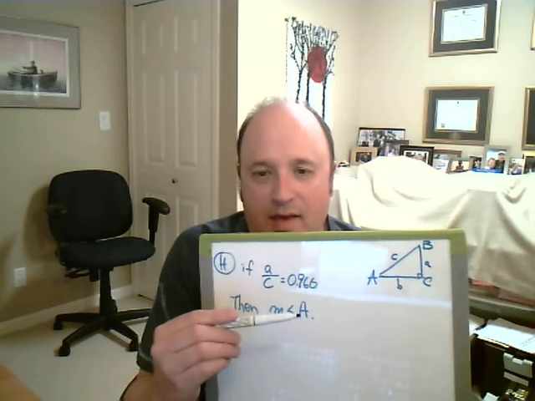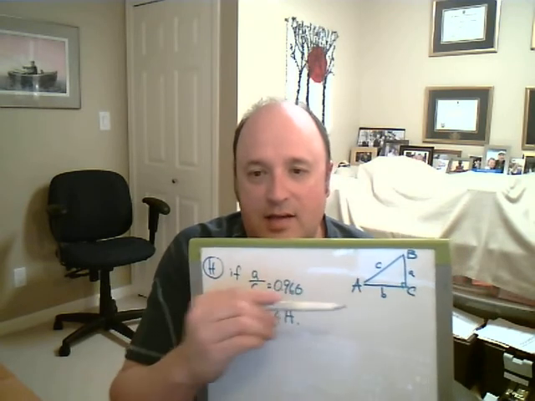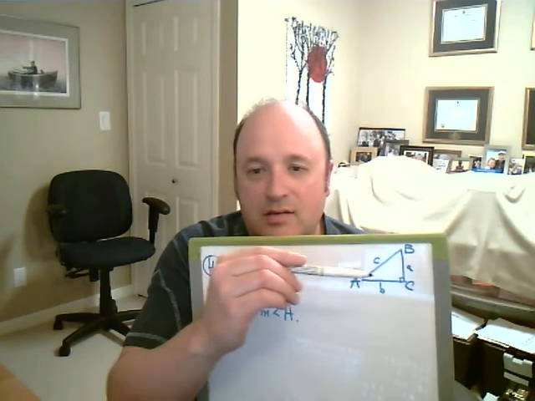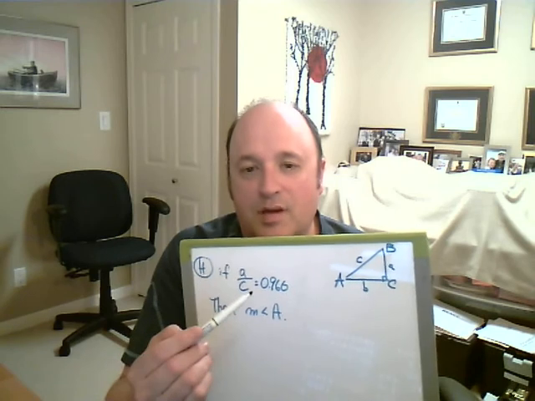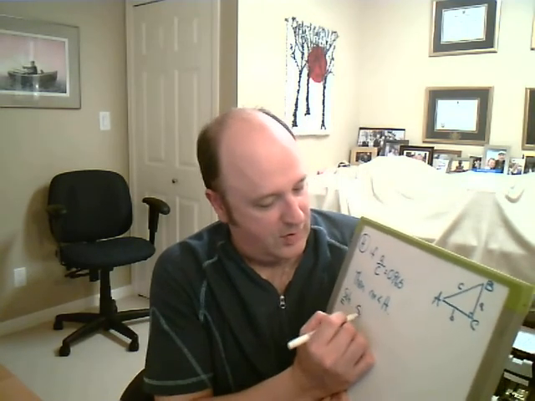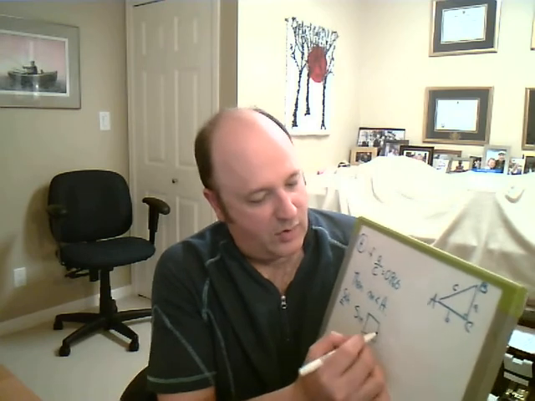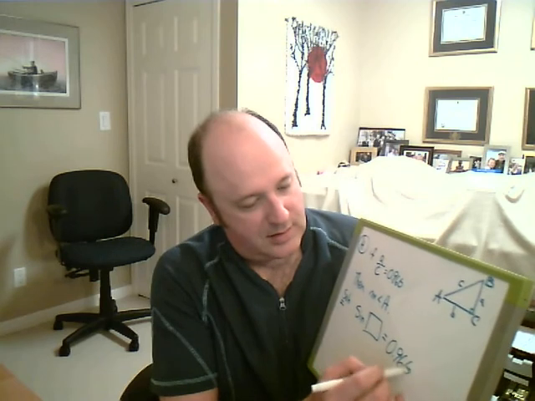From angle A, this means sine, because A is the opposite, C is the hypotenuse, so opposite over hypotenuse, that's the sine. They want to know the sine of what angle is equal to 0.966.